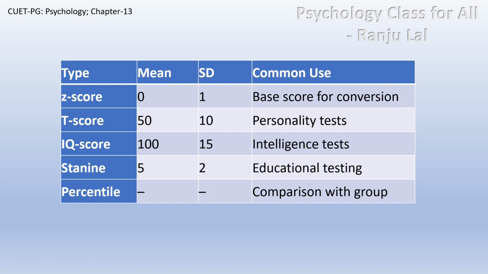T score is commonly used in personality tests. IQ score is commonly used in intelligence tests. Stanine is commonly used in the educational setting. Percentile, which we have already discussed in our previous videos, is used for comparison with groups.